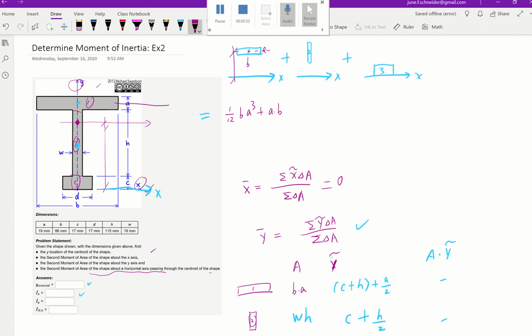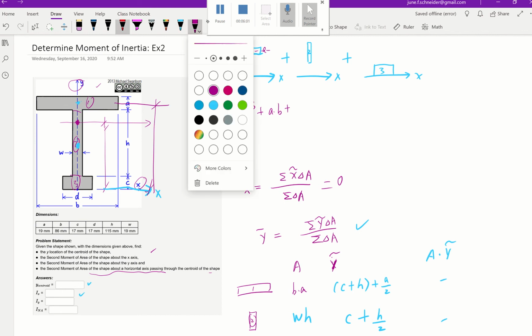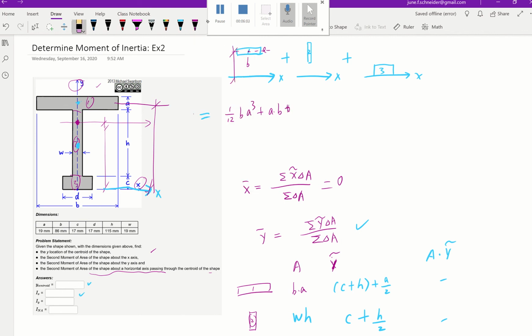It's basically from here to that. I'm going to move this right here. So plus area AB, and the distance is C plus H plus half A, squared. That's going to be I for this top rectangle.